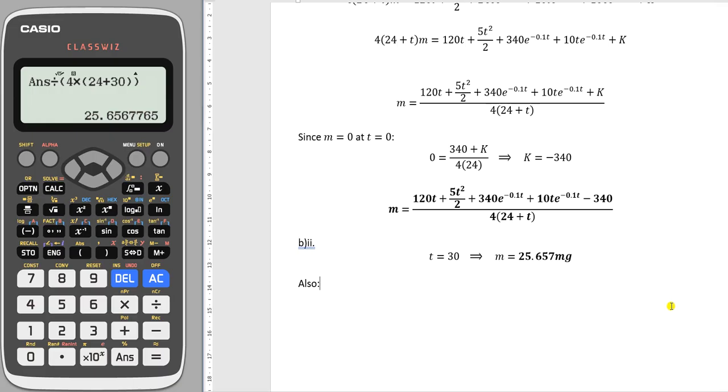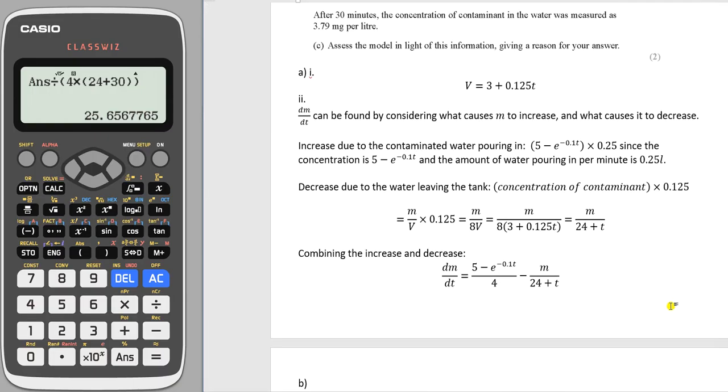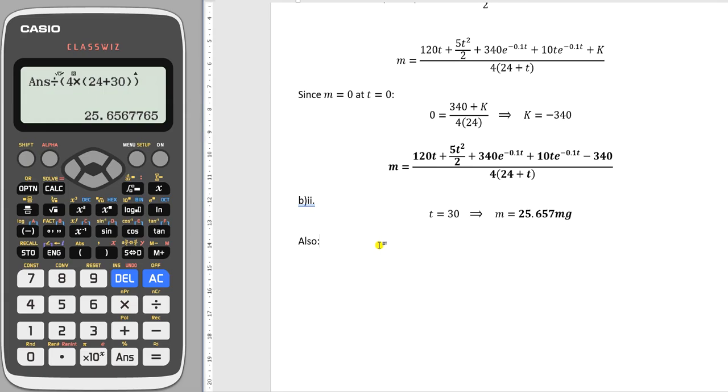This is where we need to look back at the earlier part of the question. In part A, I, they asked us to find an expression for the volume in litres. And now they're asking us something about the concentration in milligrams per litre. So we could really do with the volume in litres at this time. It's not just 3 litres because it changes all the time.